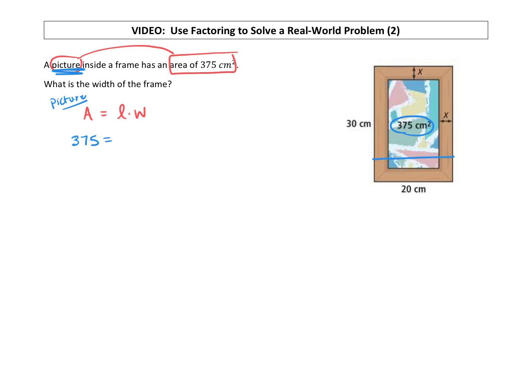So if we take that 20 centimeters and we remove, here I'm going to use a little eraser, we remove this X from that side and we remove this X from this side. Do you see how that's leaving us with the length of our picture?